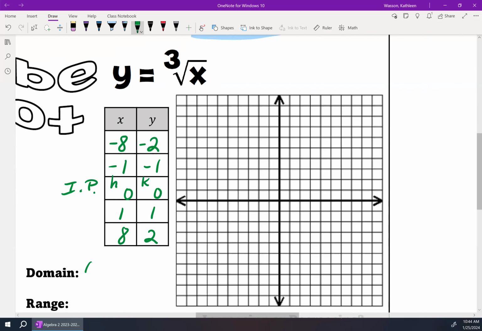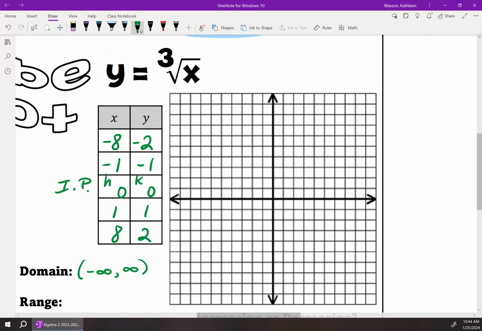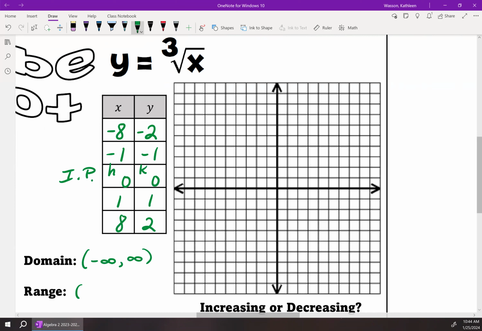We can also exchange domain and range, which means domain and range for cube root is also negative infinity to infinity, always. Then we can plot your cube root original function.